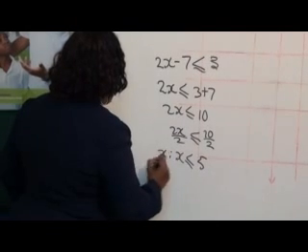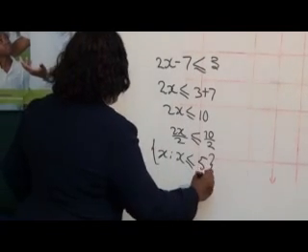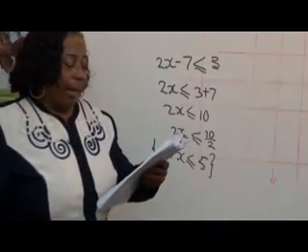So it would be the set of x such that x is less than or equal to 5.